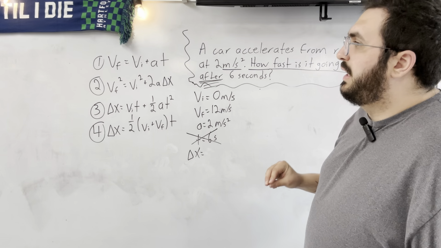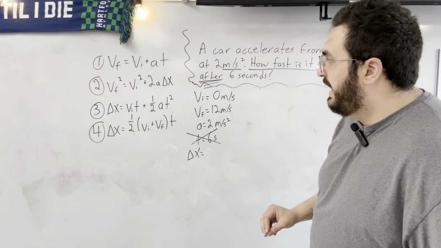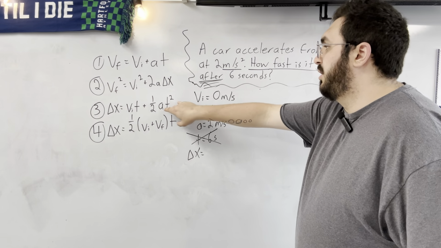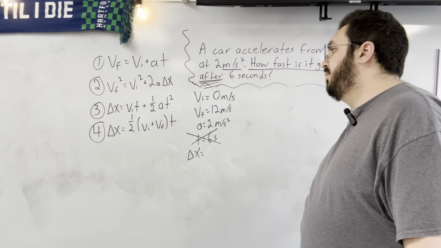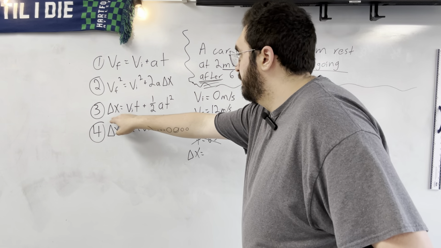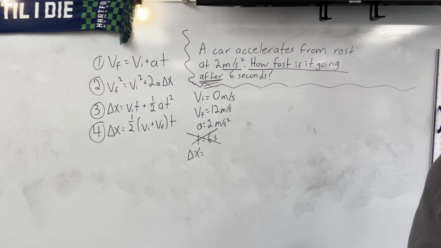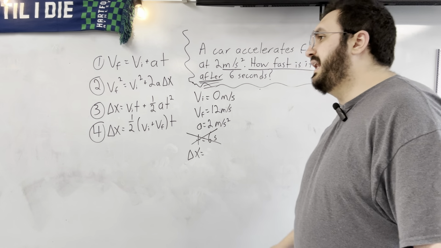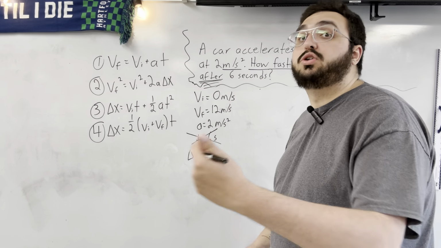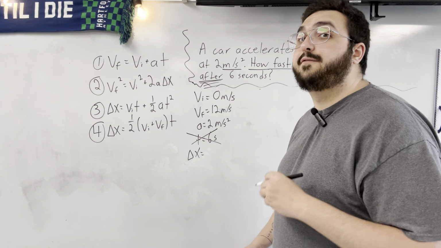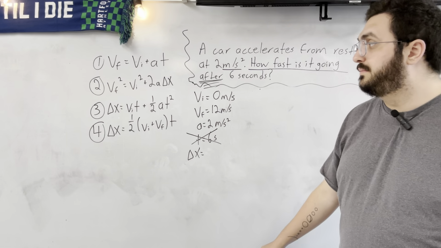There's only really one exception to that, and that's if I want to use equation 3 to solve for t. Let's say, for example, we knew delta x, we knew vi, we knew a, and we're just trying to solve for t. In that situation, you will be dealing with a quadratic, meaning you would need the quadratic formula in order to solve it.